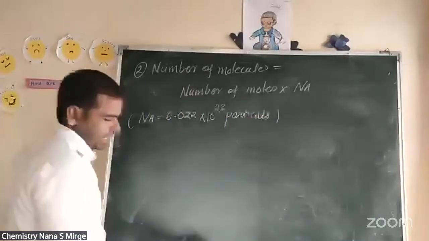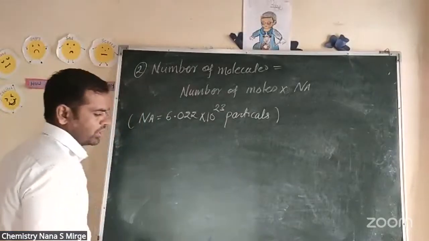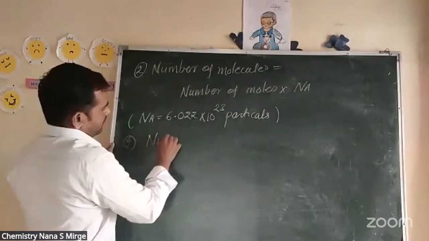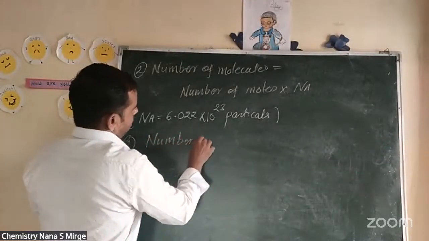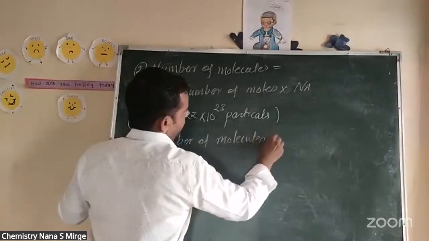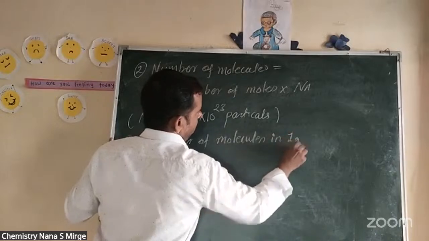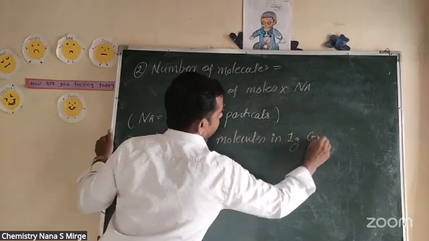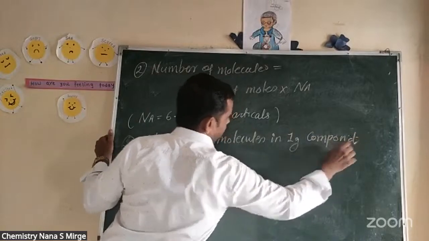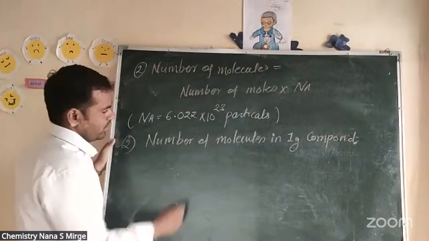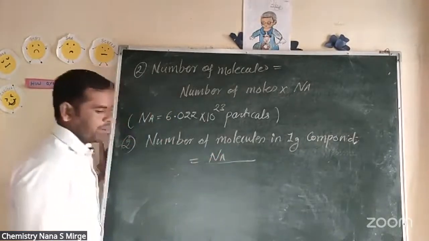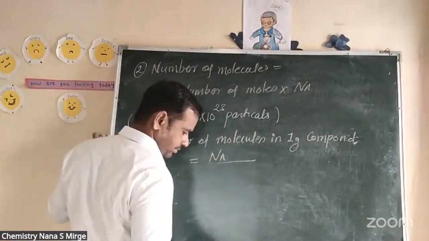Okay, then the next formula is the number of molecules in 1 gram of compound. Number of molecules in 1 gram of compound is equal to N_A divided by gram molar mass.